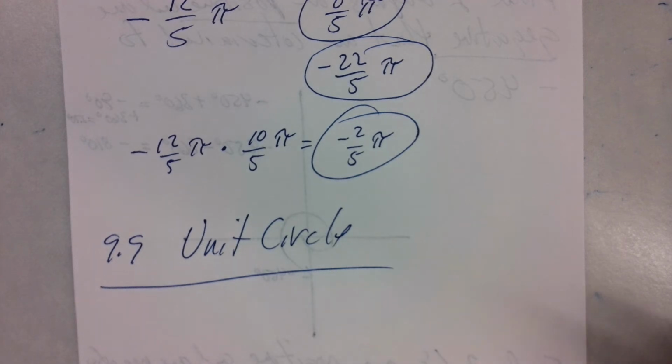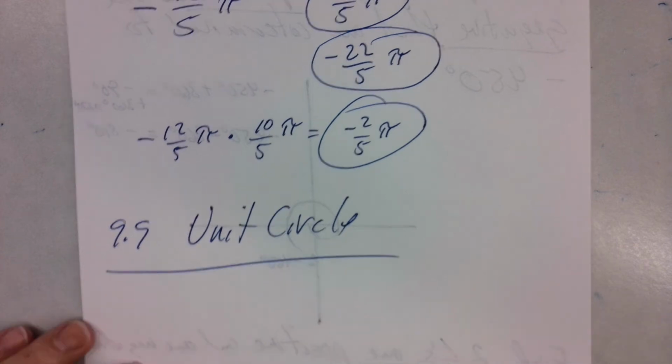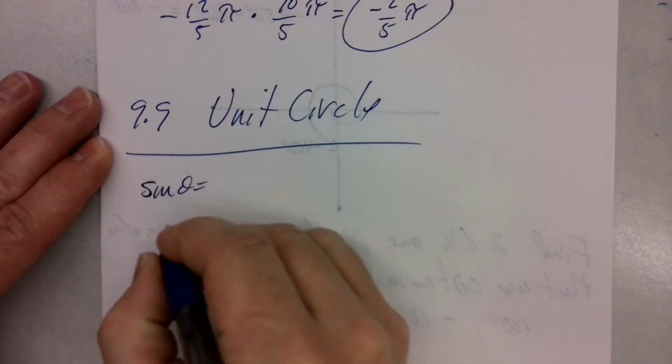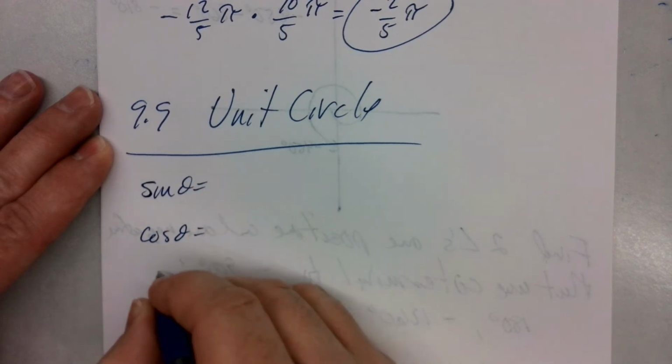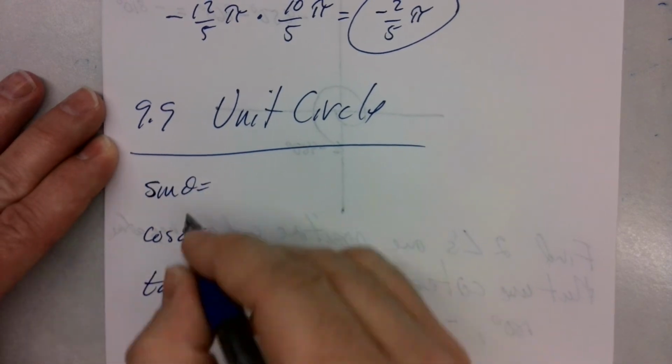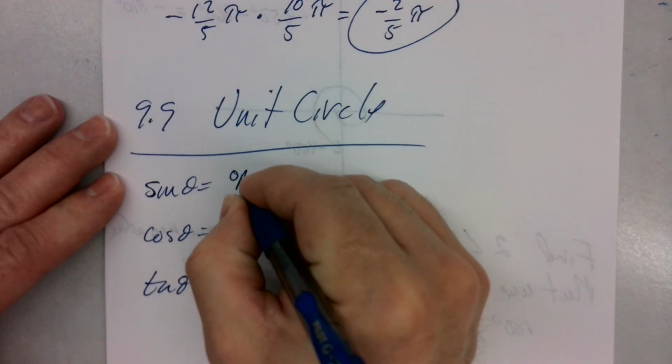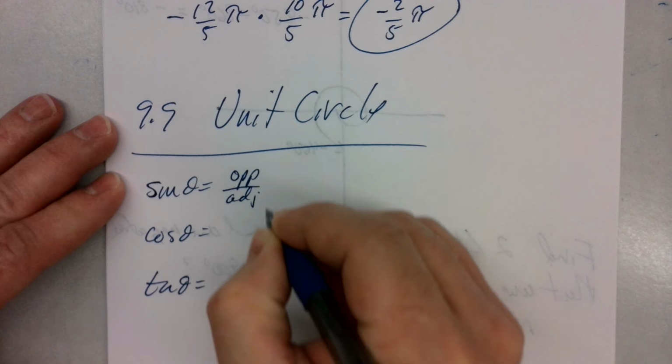I'm hoping we all checked it, and if we were wrong, we fixed it, because you're going to use that. Now, we already know sine, cosine, and tangent of theta. What's sine? Opposite over adjacent, right? What's cosine?